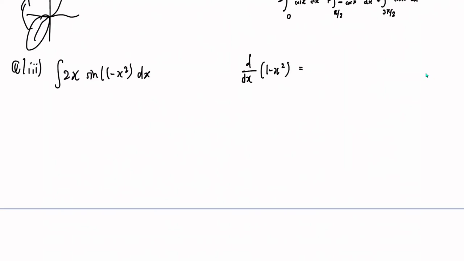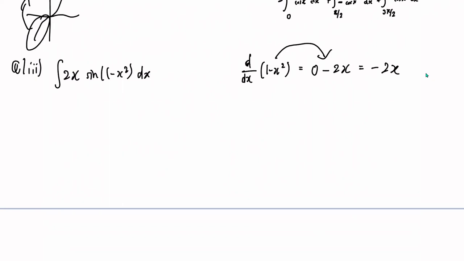Differentiate, not integrate, the forward direction. Can you tell me what's the derivative of 1 minus x squared? Negative 2x. Yeah, that's correct. Differentiate 1 gets 0, differentiate negative x squared is negative 2x.